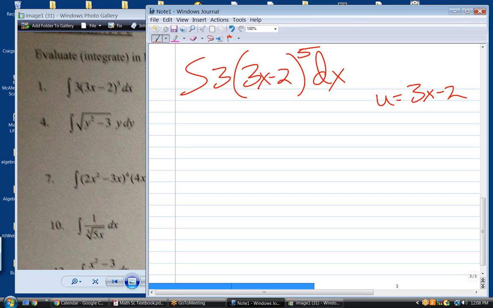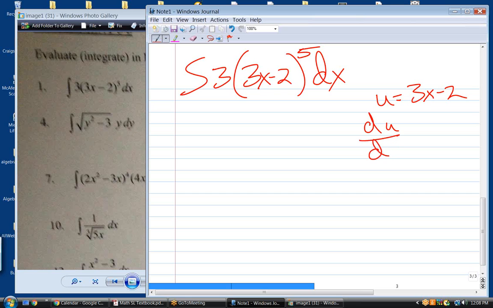If you can use the inverse power rule, then it's really easy. But when you get more complicated functions, it becomes really tough. So, the first thing you do in U substitution is find du dx.